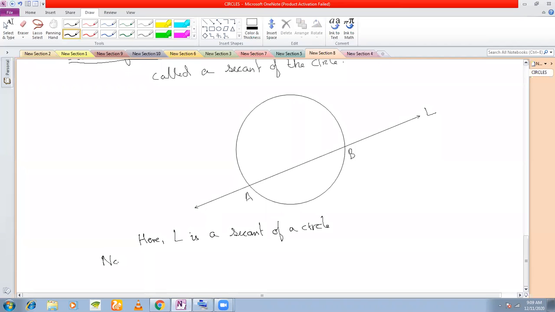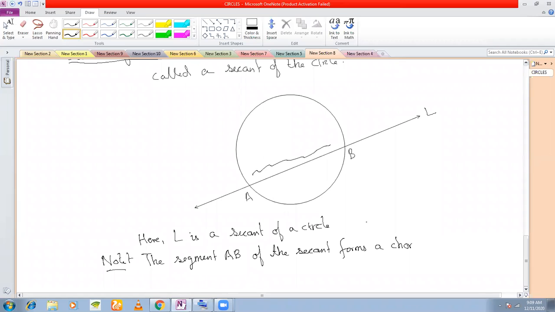Take a note here: the line segment AB of the secant forms a chord of a circle. Only this segment forms a chord.